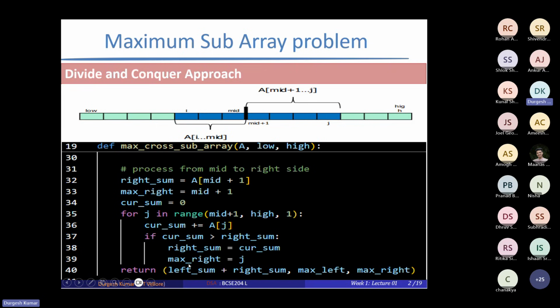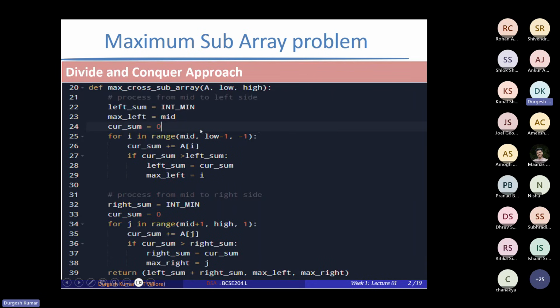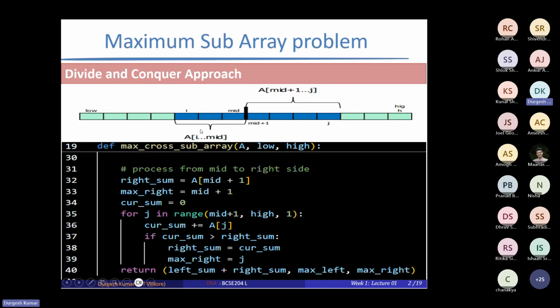We return left sum plus right sum because it has to span mid and mid plus 1. So this is the total sum of the crossing array, and the indices will be the max left and the max right. So the max crossing subarray pseudocode is clear.